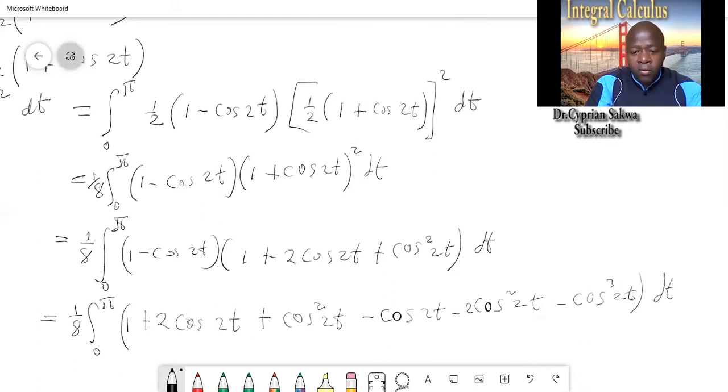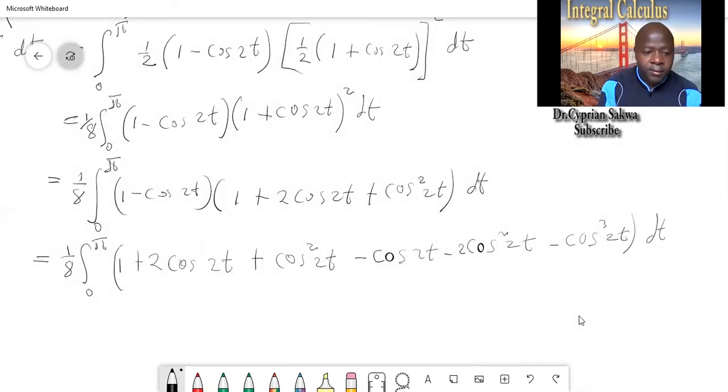We can look for the like terms and collect them together. So this will be 1 over 8, the integral from 0 to pi. 1 has no like terms, so I just put it there. I have this 2 cos 2t and this negative cos 2t would give me cos 2t.